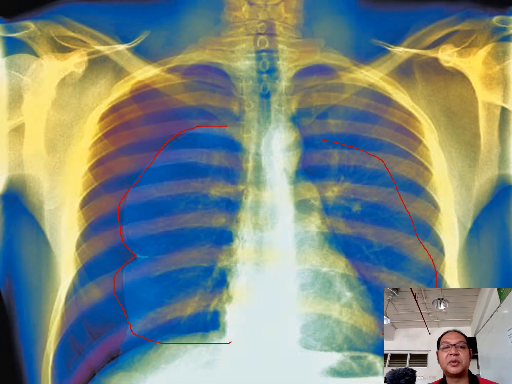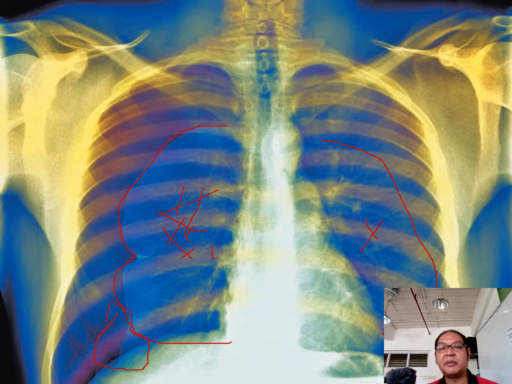But if you see so many lines like cobwebs, there is a problem in your lungs. Usually what you see in the X-ray is clear. And if you have fluid inside your pleural cavity, you can see dark here. It means there is fluid.